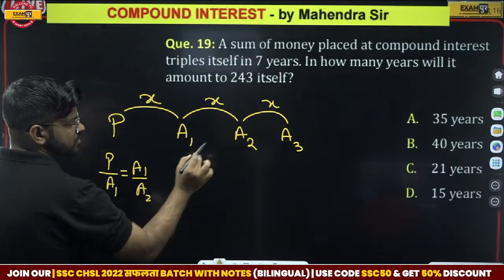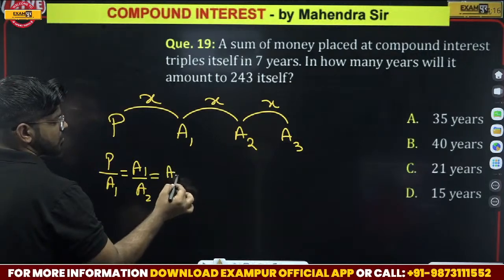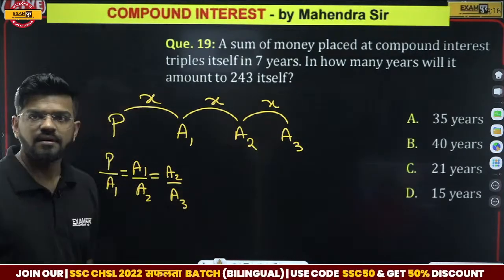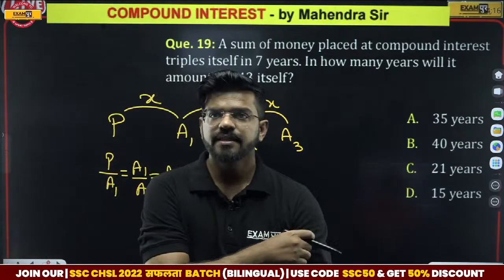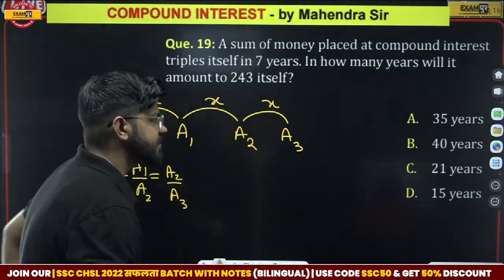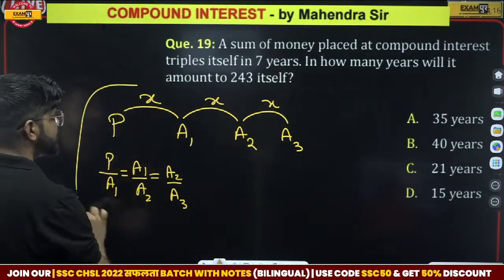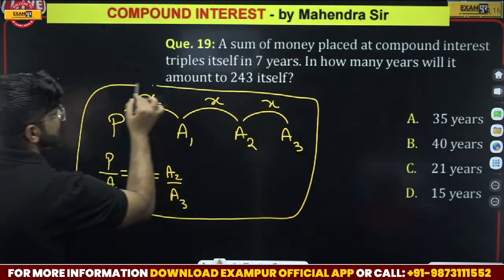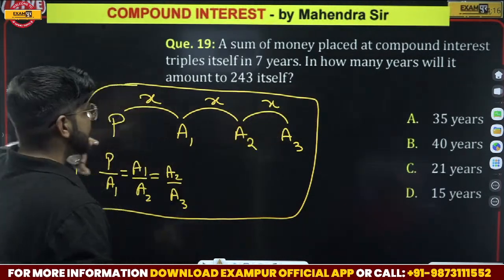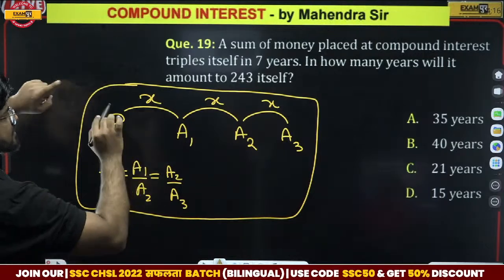The ratio of these two is equal to A2 upon A3. Did you get that? So Manu is saying 35. Sohani is also saying 35. Okay. So now you know that the concept is this. This concept is going to be used here only. So it is saying that it will become in 7 years.